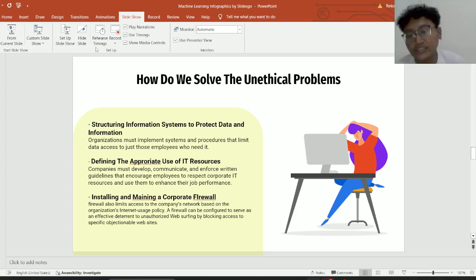And the second one is defining the appropriate use of IT resources. The companies must develop, communicate and enforce written guidelines that encourage employees to respect corporate IT resources and use them to enhance their job performance.